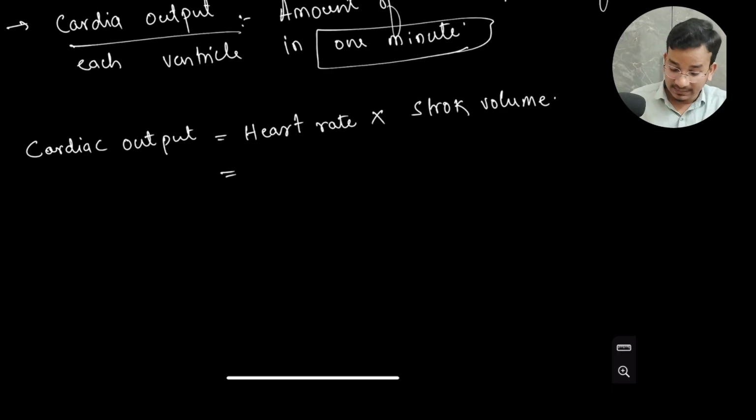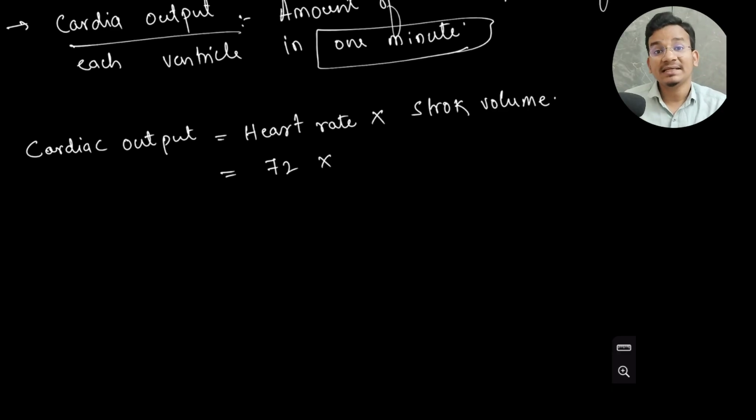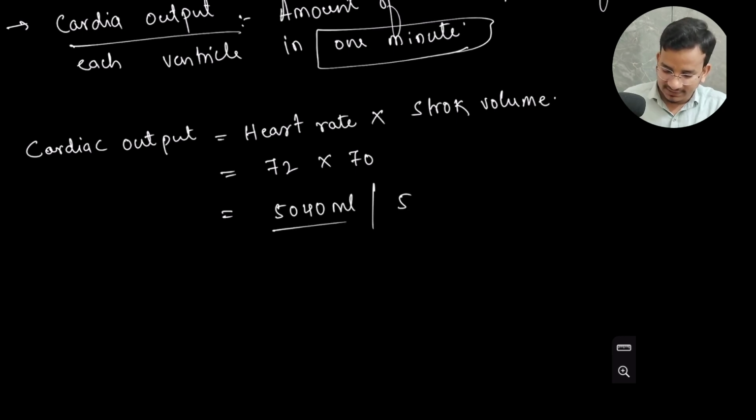So how much is the heart rate? 72 times per minute. And how much is the stroke volume, the blood pumped by each ventricle in a single cardiac cycle? In 1 minute 72 cardiac cycles are there, so 72 times 70 gives a total of 5040 ml, or approximately 5 liters of blood.